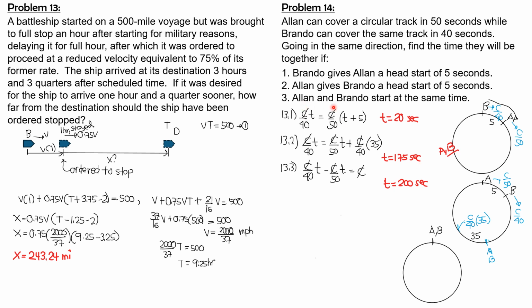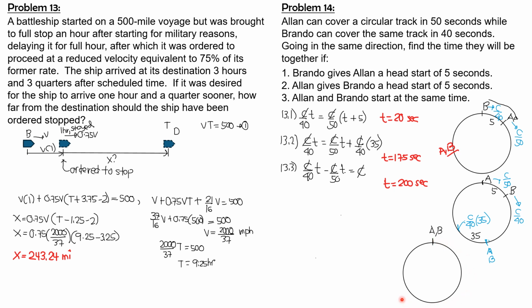And finally, Alan and Brando start at the same time. They start here. So after they meet again, it means that the difference of their distances is C. So it's like also that Brando, for example, they meet here.